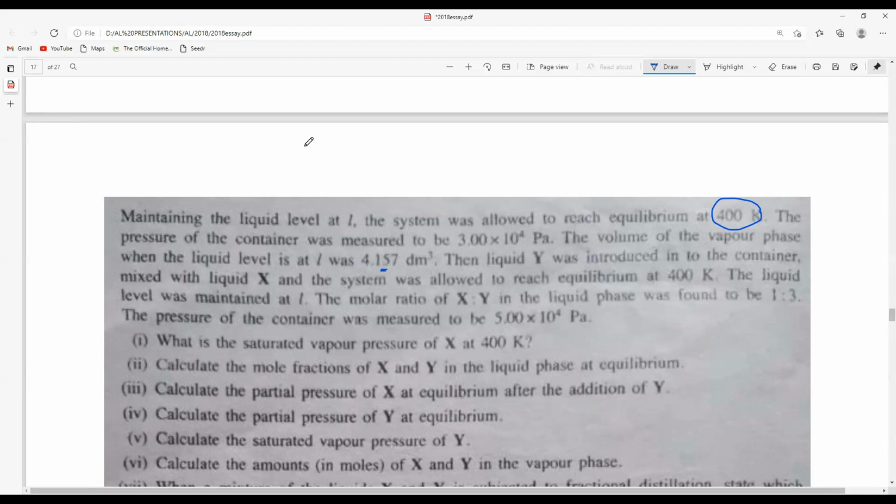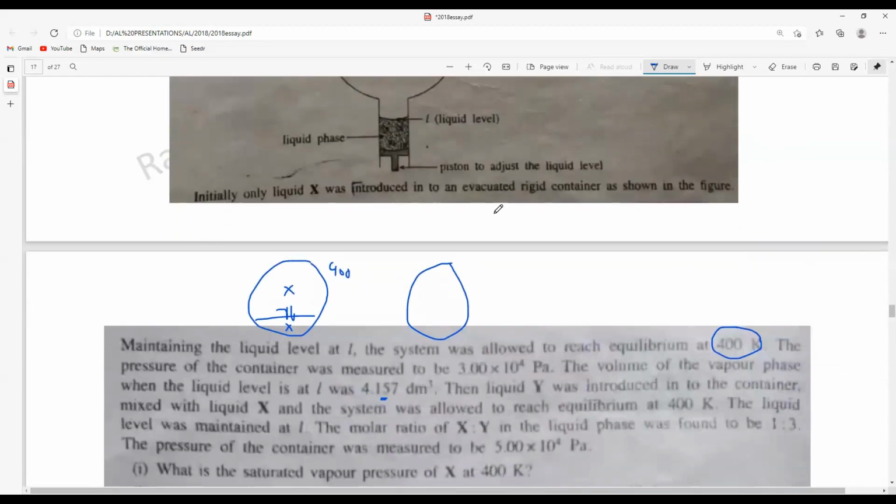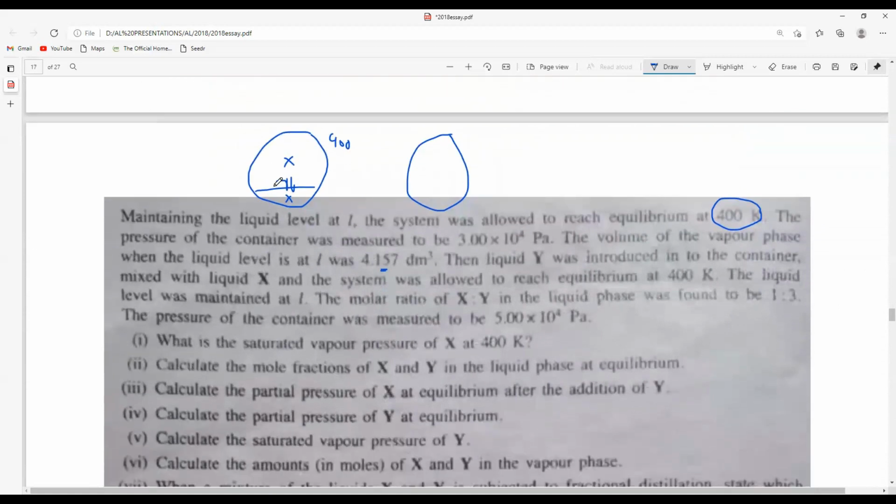So if I just sketch the two situations, right? So this was 400 initially, and for example, if I sketch both situations here, you have X liquid, and you keep initially X. So this is 400, the pressure of the container, so you measure the pressure, it is 3 into 10 to the power 4.